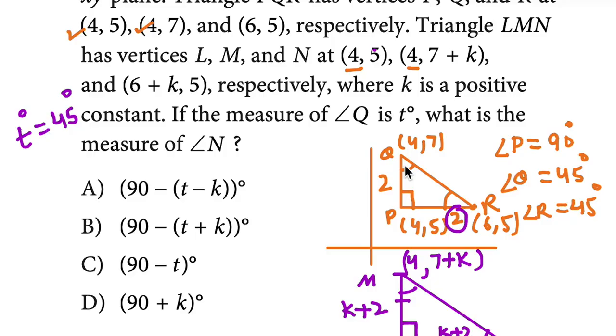So Q is 45, R is 45, and here also these two are 45, right? T is 45. So if I have to get angle N as 45 degrees, 90 minus T satisfies this because T is 45 and 90 minus 45 will be 45. So C is the right option. This is really a good question.